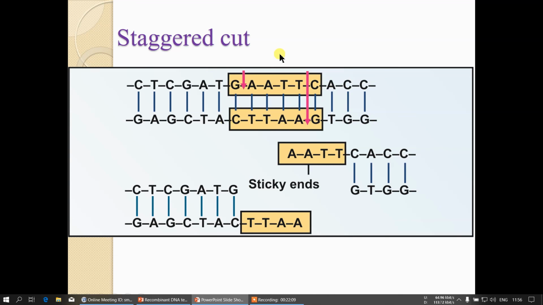So it is a palindromic arrangement in the double stranded DNA, and it will produce the cut after GA in this strand, and in the other strand also after GA. After producing the cut, the ends will be put apart from each other. They will produce sticky ends, meaning they can bind with another sticky end of DNA.